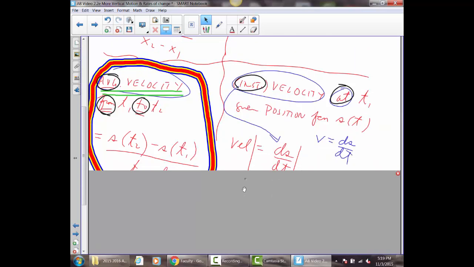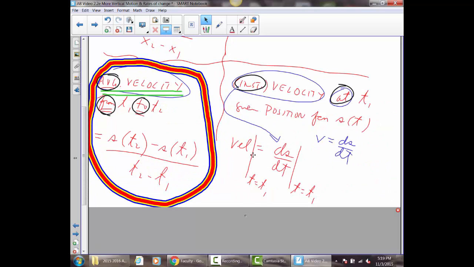I want to bring that to the next level. So what happens is the velocity, which is the instantaneous velocity at t, given that the position function is s of t, is v equals ds dt. It's the derivative. But if they ask you for the average velocity from t1 to t2, then that's going to be the position at t2 minus the position at t1, like the height at t2 minus the height at t1, over t2 minus t1.